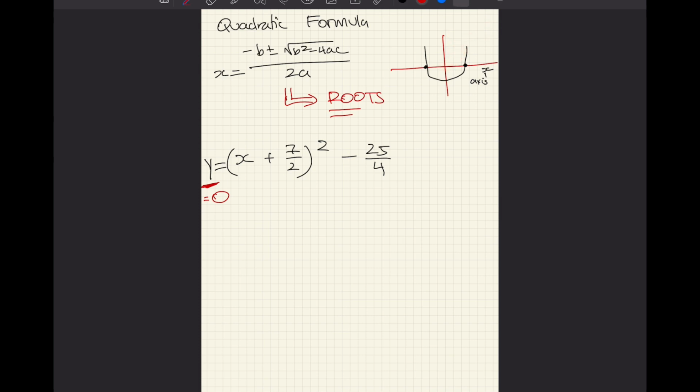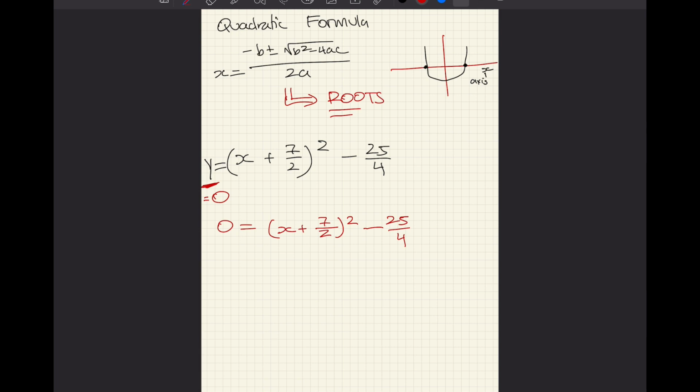So we can solve this quite easily by substituting 0 into y. So 0 equals (x + 7/2)² − 25/4. And now what we need to do is solve.